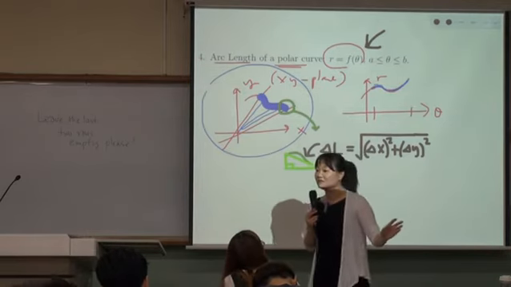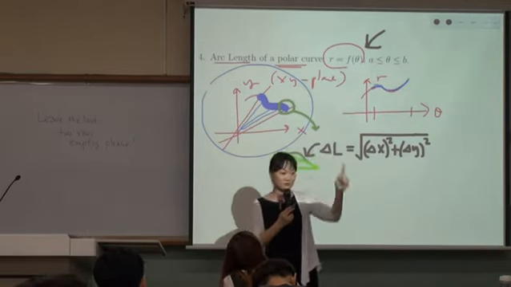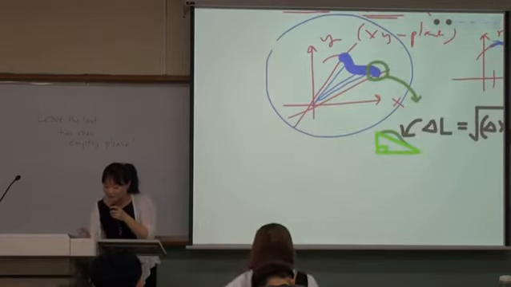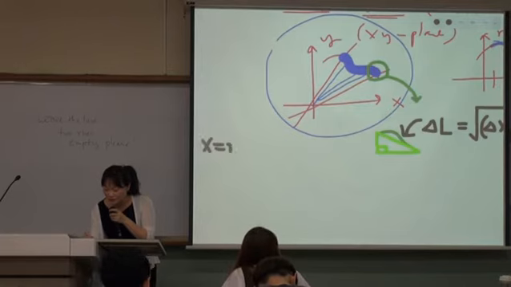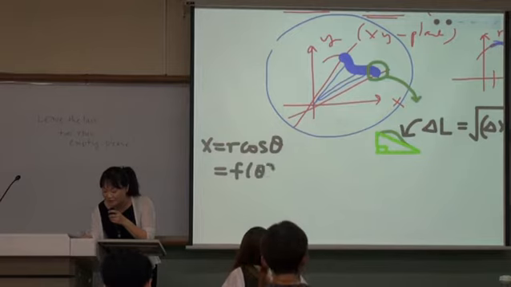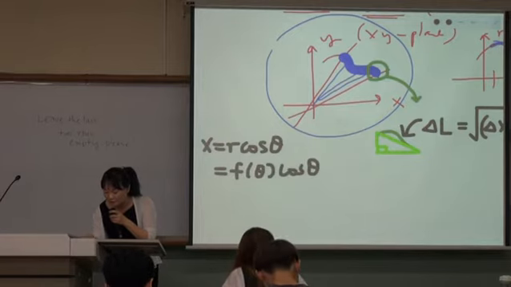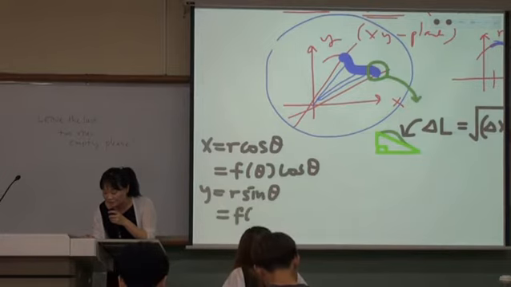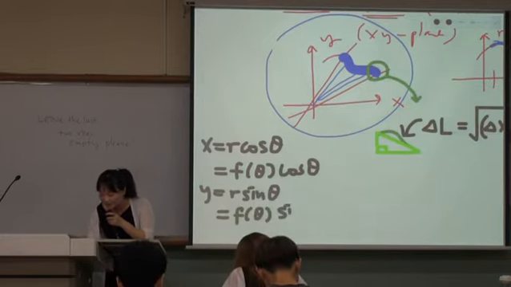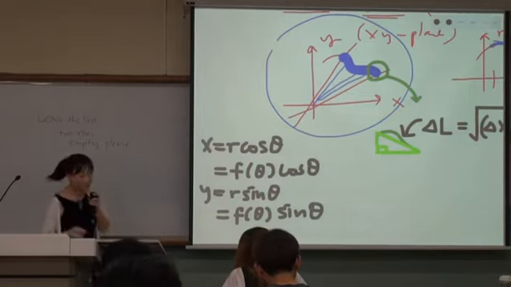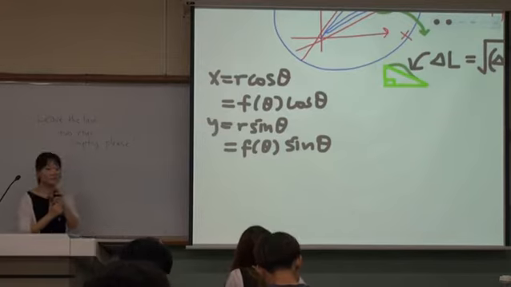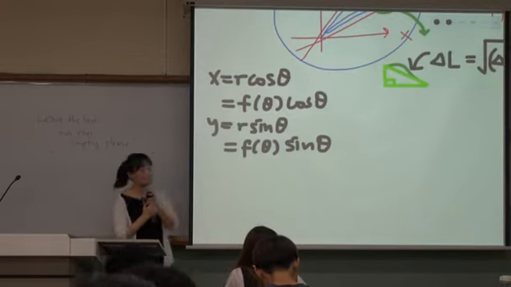What determines everything? Theta determines everything. Exactly. So remember, x equals r cosine theta, but r is a function of theta, and y is r sine theta, where r is a function of theta. Is that right?